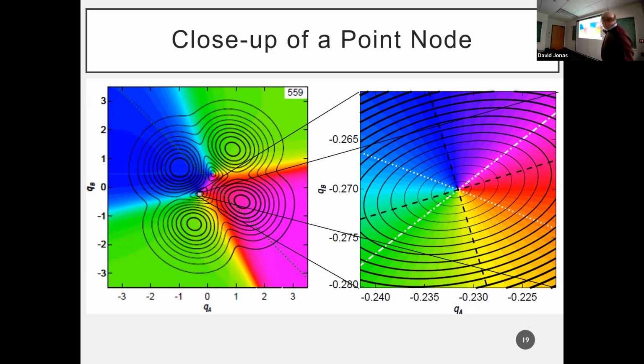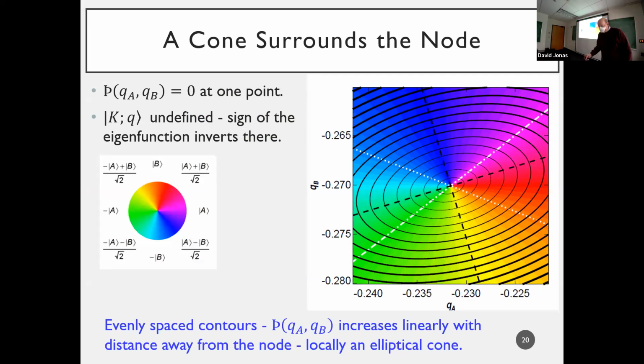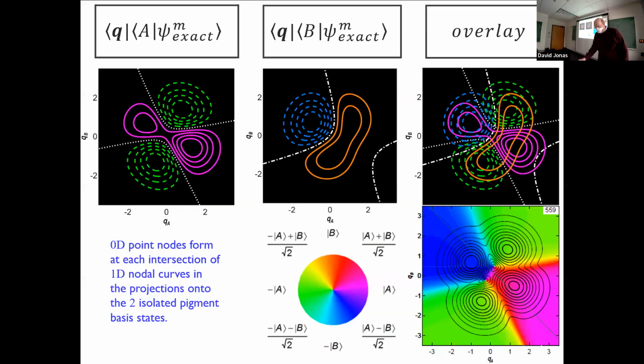And as you go out radially from it, you see that the contours are evenly spaced, right? So what this is looking like is we have a point node at the vertex of a right elliptical cone. Okay, so locally, we have a point node at the vertex of a right elliptical cone.